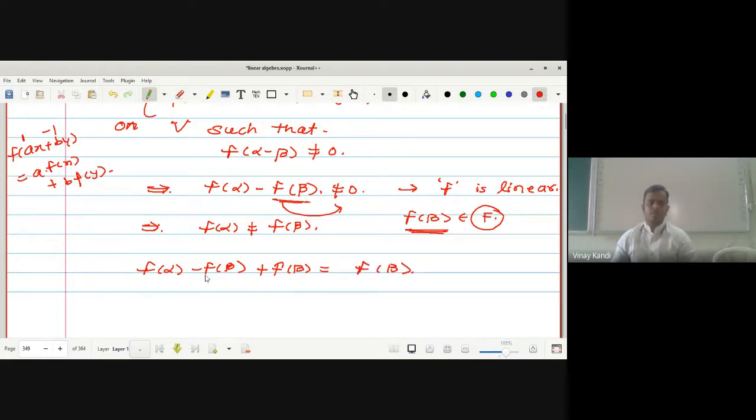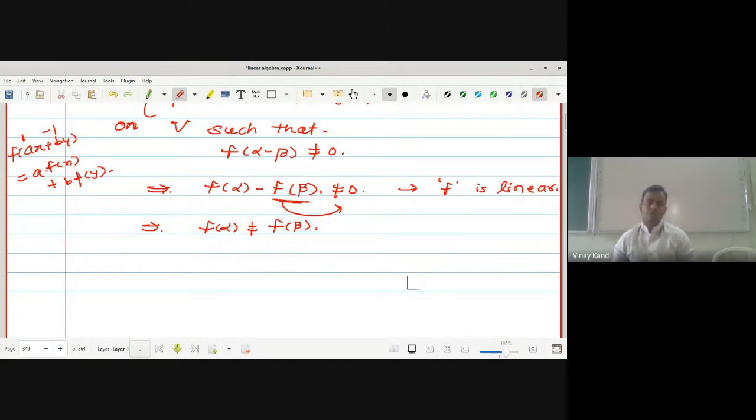Then plus minus this becomes additive inverse is 0. So this is f of alpha is not equal to f of beta, adding both sides the additive inverse of f of beta. Okay. Any doubt? So any two different vectors we have, there exists a function f such that their images are also different. That is, the functional is one-one functional.